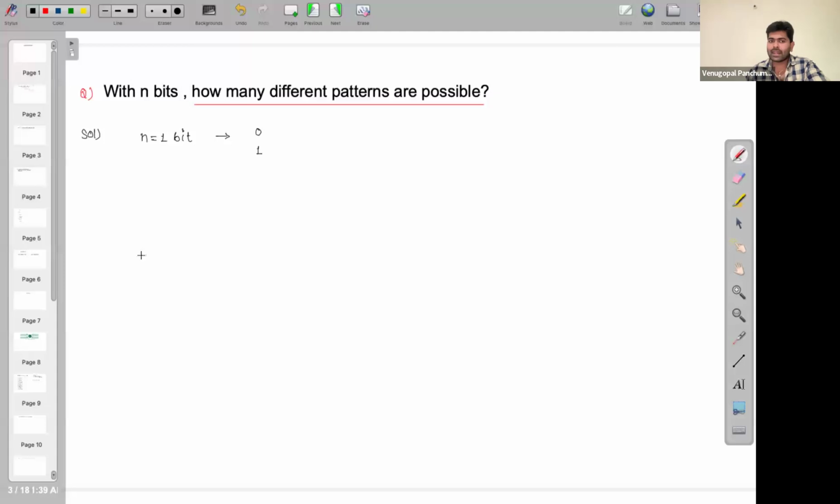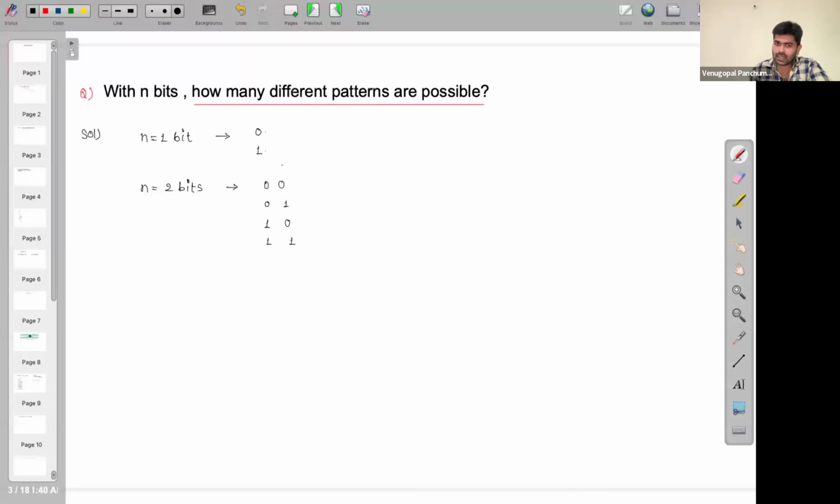Now if I take n equal to 2 bits, the number of patterns possible are: first you put 0, then write 0, then again 0, then write 1. Similarly, here you first put 1, then write 0, then put 1, and then write 1.